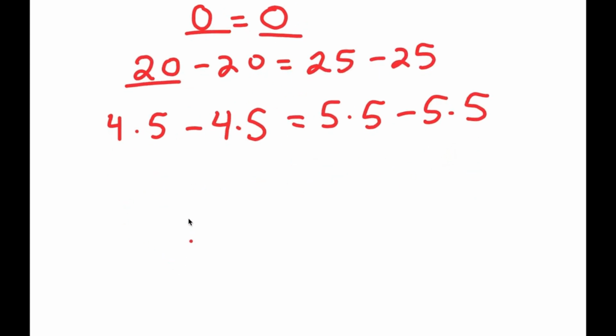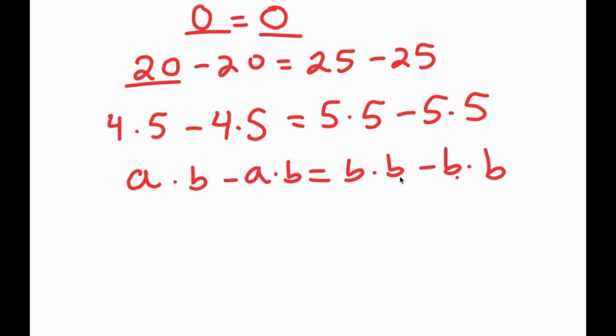And now, if I have something in the form a times b minus a times b is equal to b times b minus b times b, well, notice how we can simplify this by factoring out the greatest common factor.